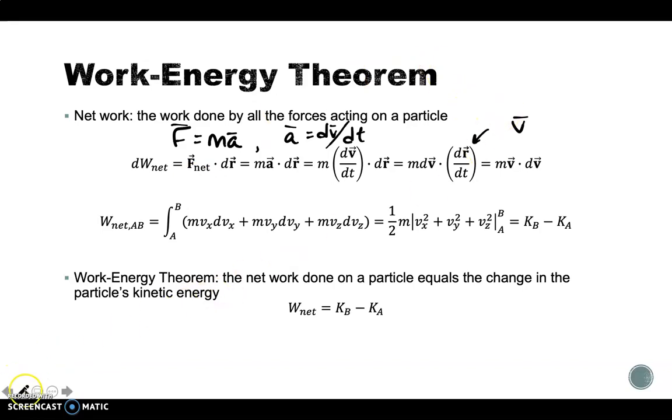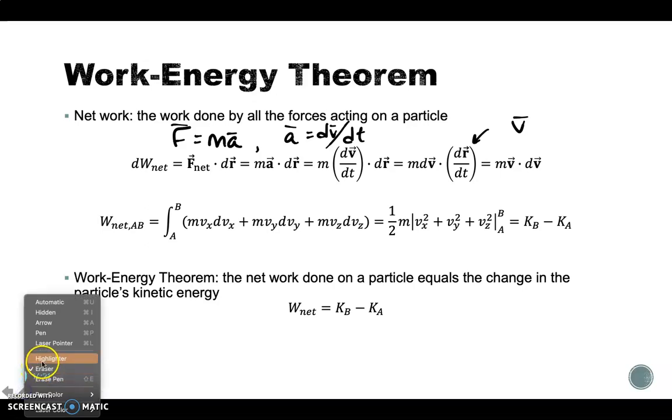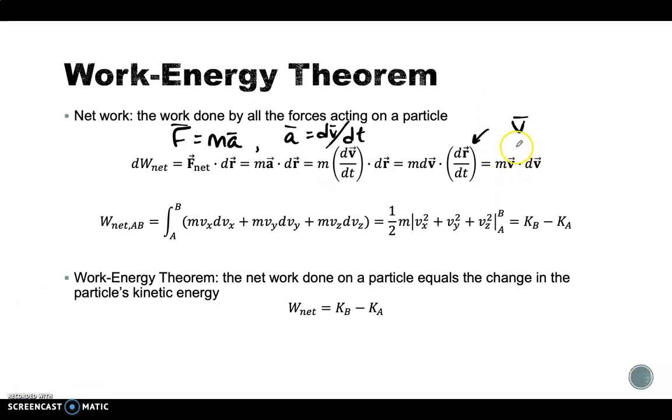Okay, so dr dt is velocity. Now again, by I believe commutative properties, we can switch those around, and now we get this final form here, m v dot dv. Now, if we take the integral of this form, we'll get that the net work from a to b is equal to the integral from a to b of each component here. So this will be m v sub x dvx and so forth, and I'll continue this discussion in our next video.